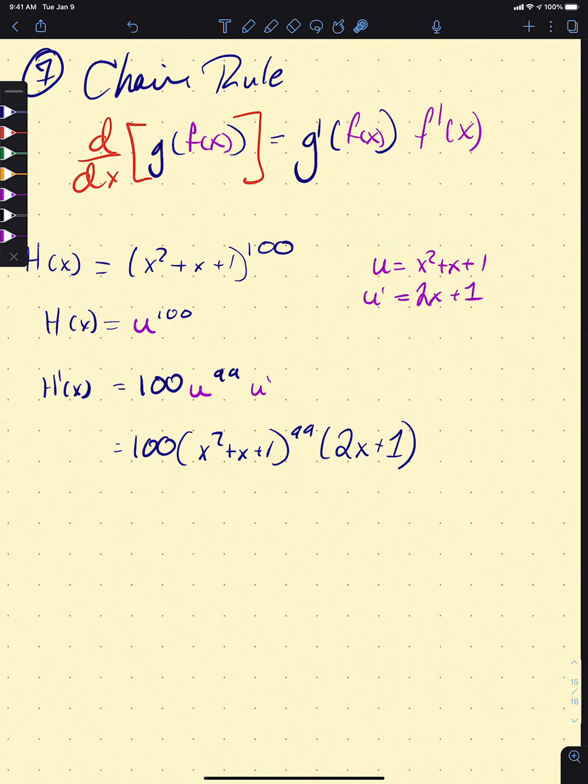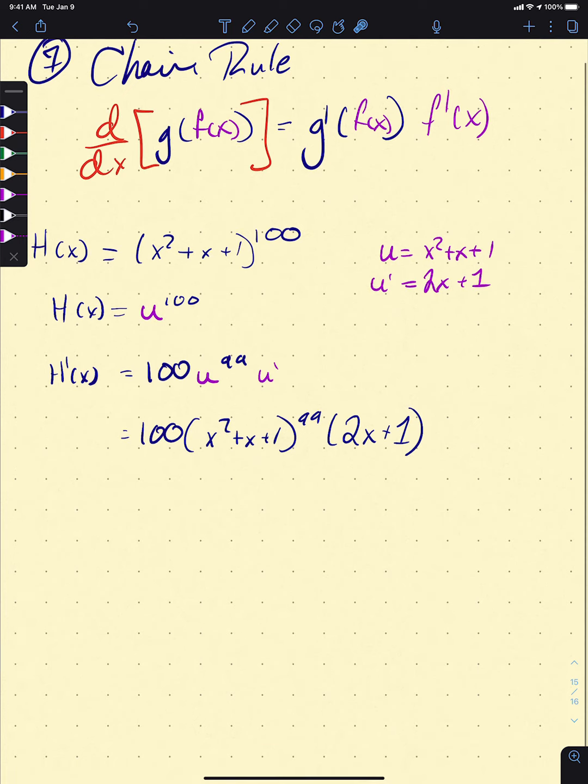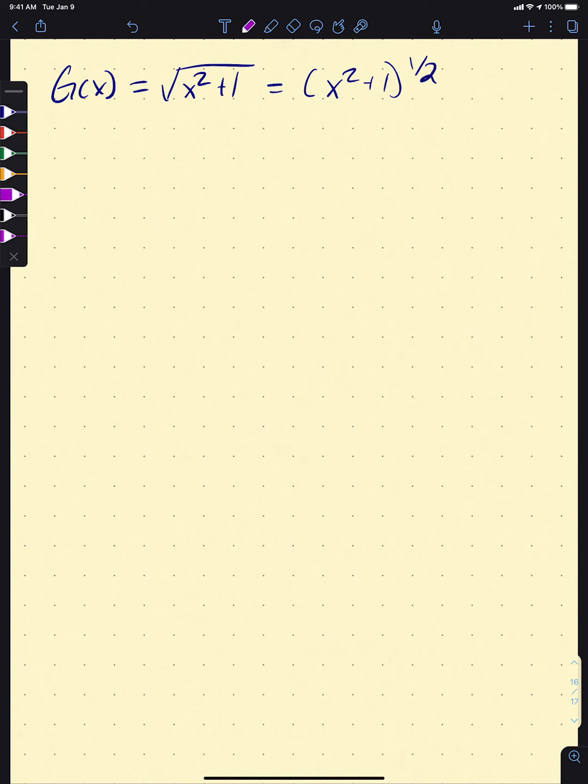Okay, let's take a look at that capital G of x again. Capital G of x, we said was the square root of x squared plus 1, or if you prefer, (x squared plus 1) to the 1/2. We'll set u equal to x squared plus 1, right?